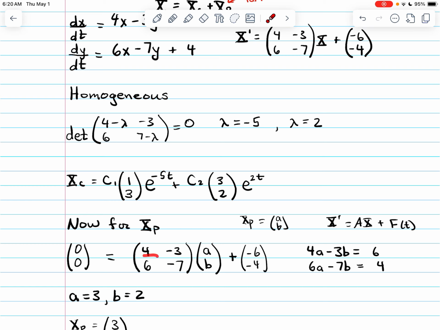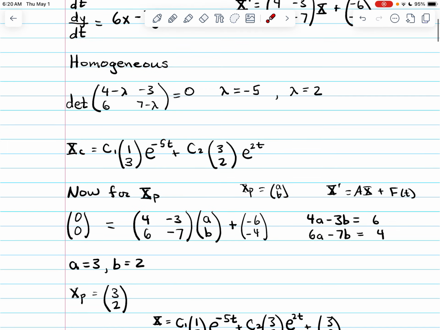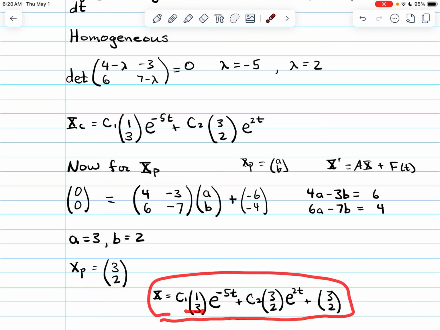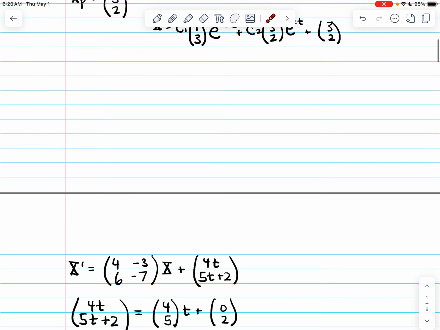Okay. Now, when you solve that system, you get this. That means that the particular solution is this, 3, 2. And if you want the general solution, you just plug back in here. This right here is x sub c, and this is x sub p. There you go.